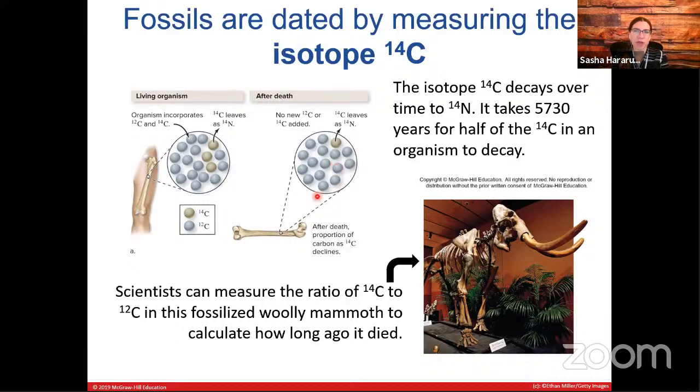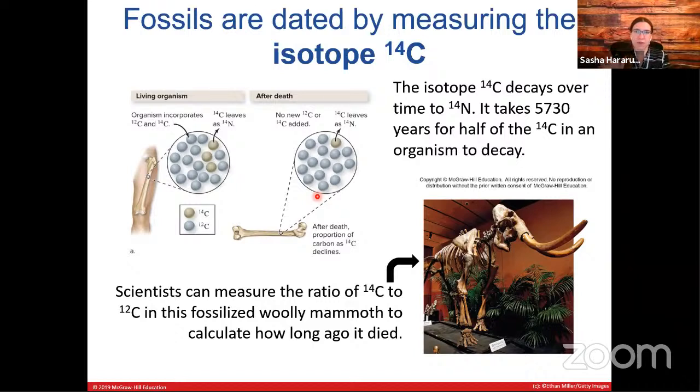And this gradual decline allows us to kind of back engineer the age of the dead organism, or the length of time that this organism has remained dead.